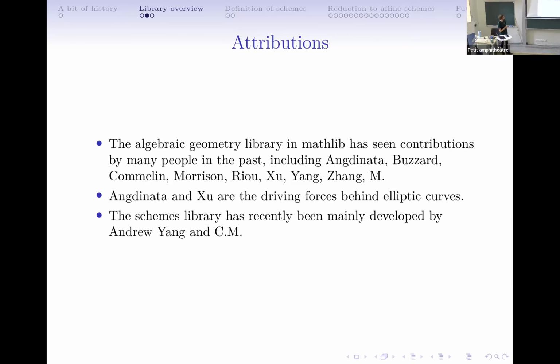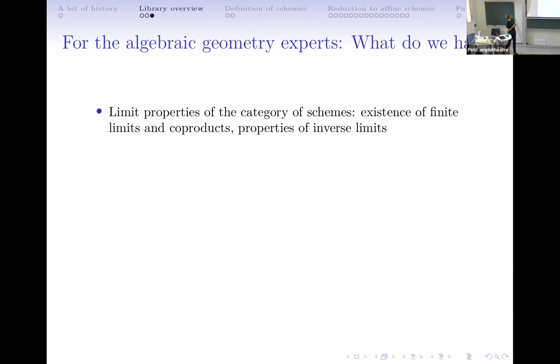Okay, so let's tell you what we have. This is maybe a slide for the algebraic geometry experts, or the people that know some algebraic geometry terms. I'm giving a list of things that we have, and for the people that know what the things mean, I hope that's somewhat useful. We have limit properties of the category of schemes: fiber products, as I already said, co-products, and some inverse limits.